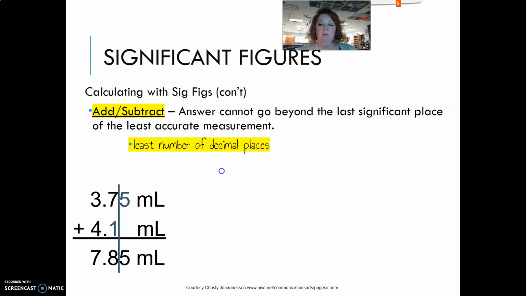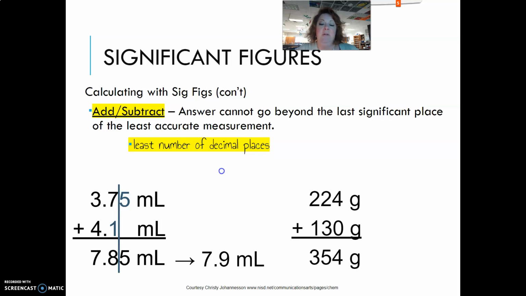So we can only show our accuracy to 1 decimal place. So that means that when we look at the answer, 7.85, it can only have 1 decimal place, but then we look at the 5, and that 5 will make the 8 round. So that will be 7.9 milliliters.